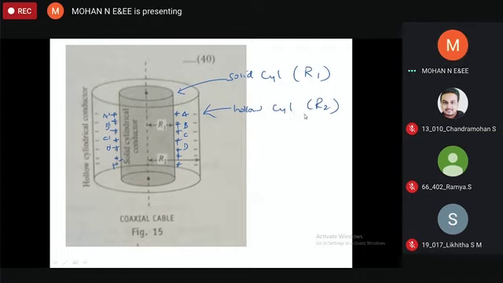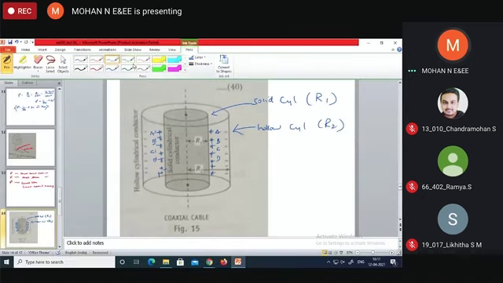That means I can write that a point here, R, is less than R1. R less than R1 means the points are within the radius of the inner cylinder. Next, the points can be greater than the radius of the outer cylinder, that means outside the hollow cylinder whose radius is R2.